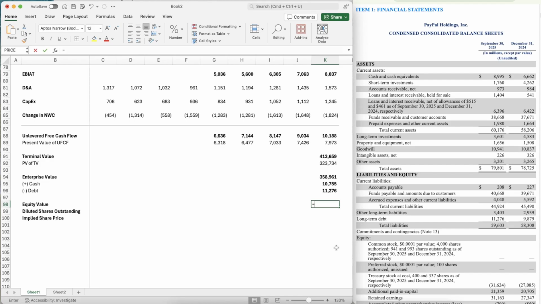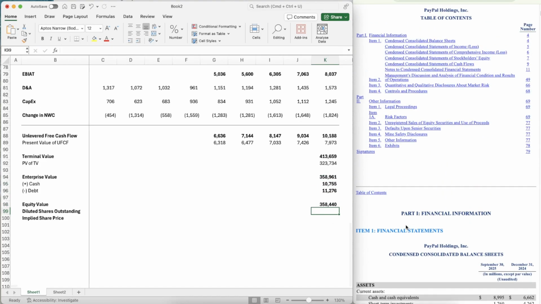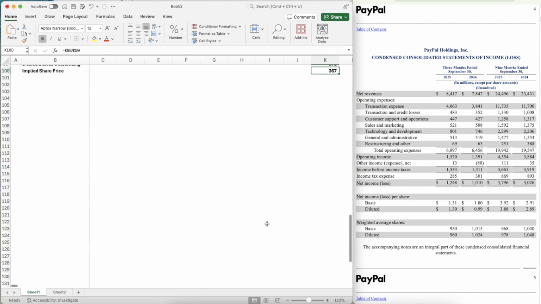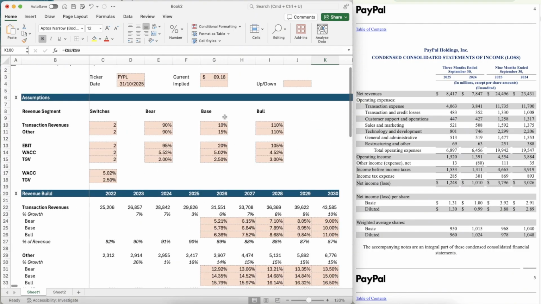So the equity value is you take your enterprise value, you add back in the cash, you subtract the debt. The diluted shares outstanding are down here, 96978. So the implied share price is you take your equity value divided by, it's saying 367, which, let's plug it in.